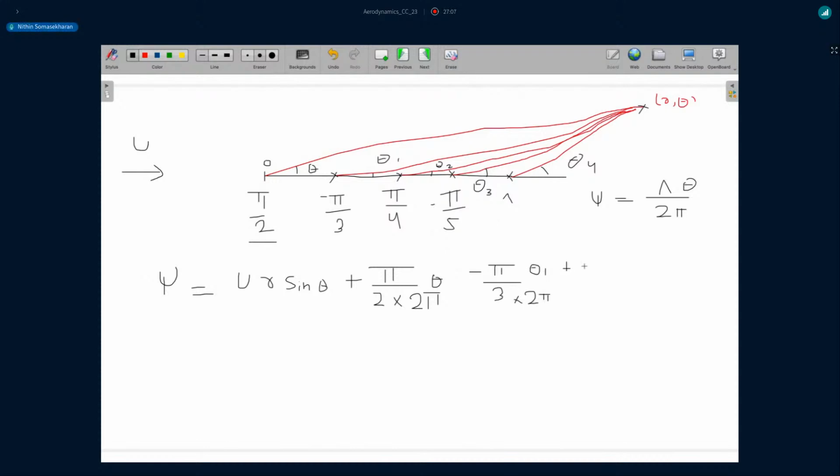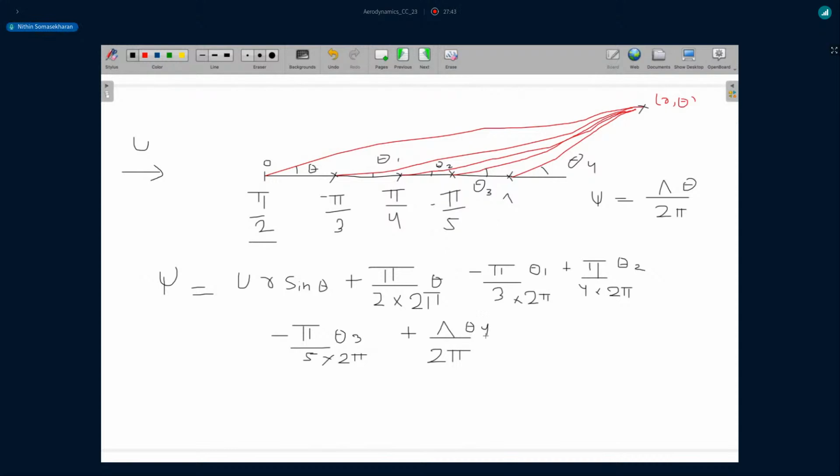Then you have plus pi by 4 into 2 pi into theta 2. Then you have minus pi by 5 into 2 pi into theta 3. And then lastly our unknown gamma, kappa by 2 pi into theta 4, right?